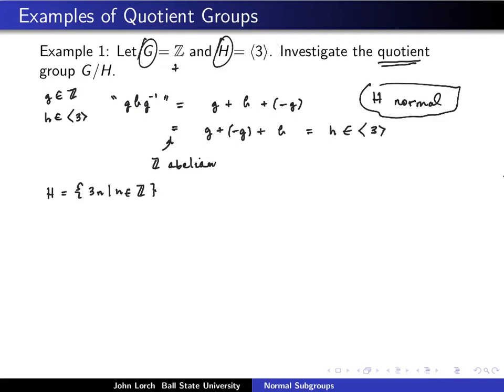Well, we could take 1 plus H. So that takes everything in H and adds 1 to it. We could take 2 plus H. And that's all the multiples of 3 plus 2.